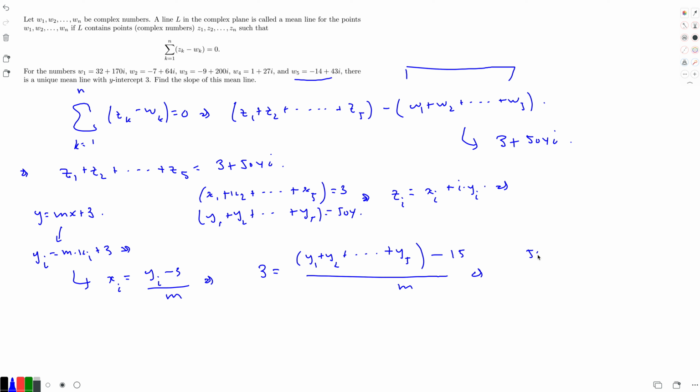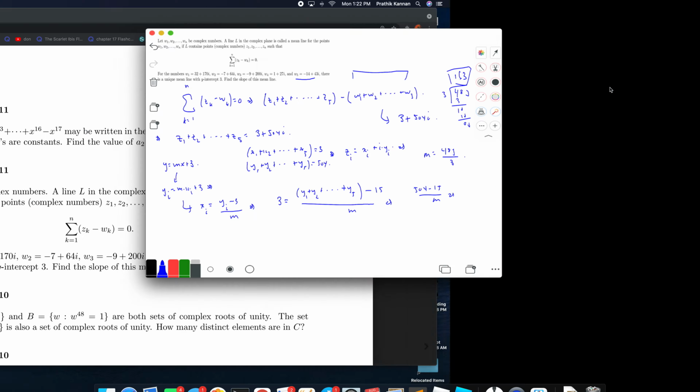That's 504 minus 15 over m. So 504 minus 15 is equal to 489. Yeah, 489 over m. So solving, we get m is equal to 489 over 3. And then we can do long division. 489 divided by 3: 3 goes into 4 once, remainder 1, then 18 is 6, then 9 is 3. 163, and we are done.